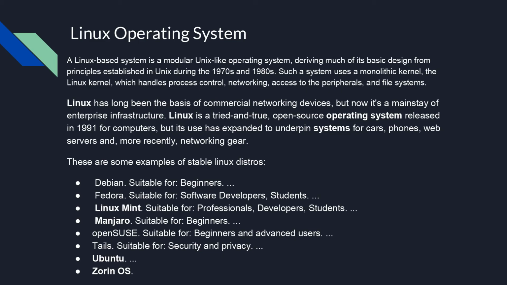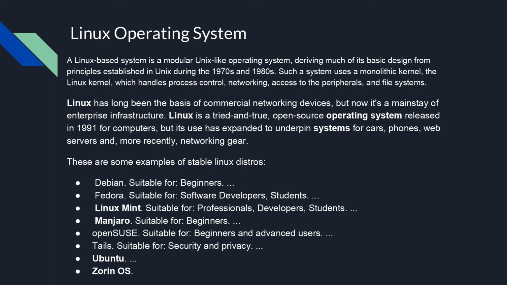These are some examples of stable Linux distros. Debian is suitable for beginners, Fedora for software developers and students. Linux Mint is also suitable for professionals, developers, and students.